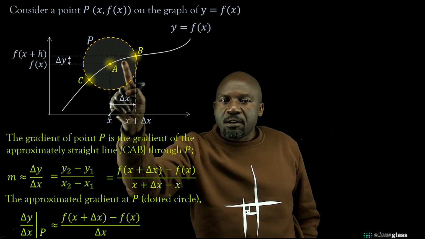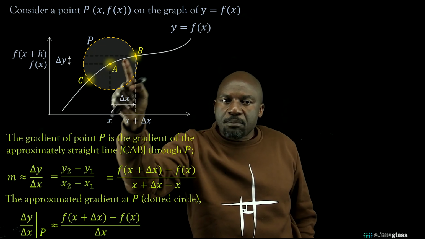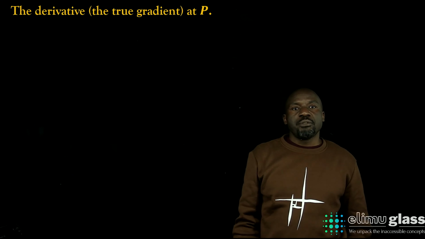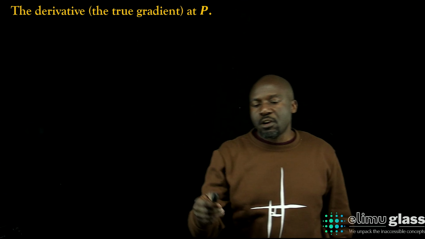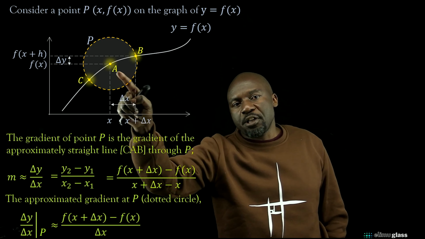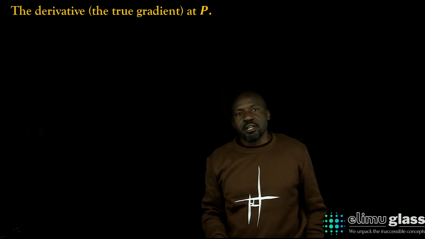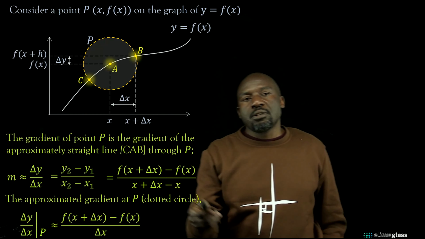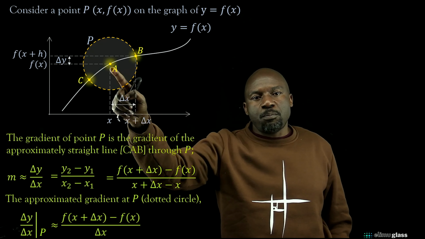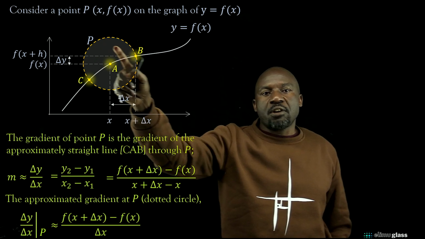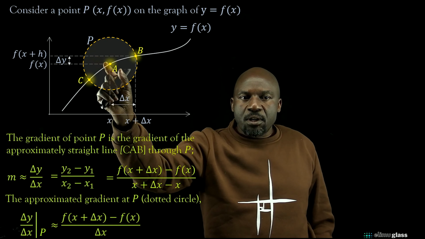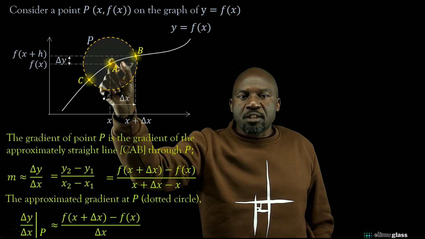So if we can find the gradient when this eventually becomes a straight line, that gradient is going to be referred to as the derivative of this function f of x at that point P. So the derivative of this curve at point P refers to the gradient at point P as the circle representing point P gets smaller and smaller.